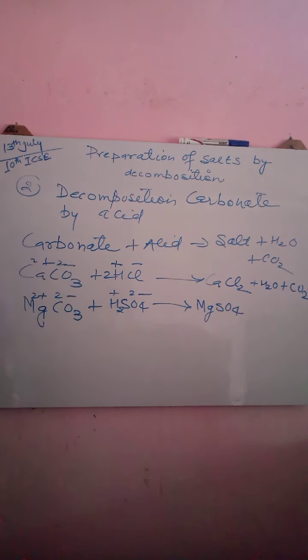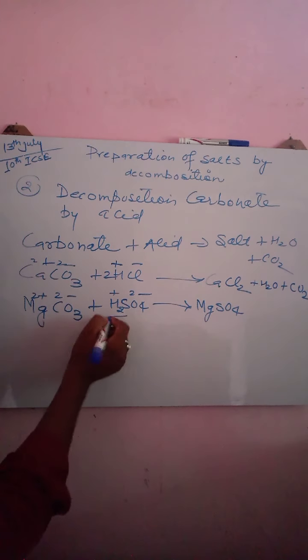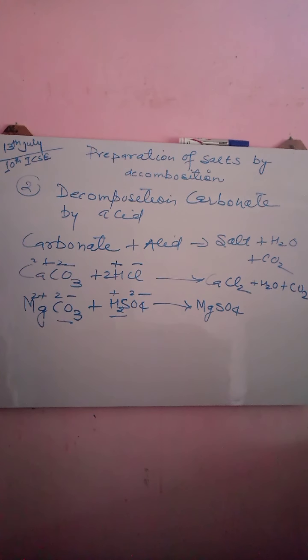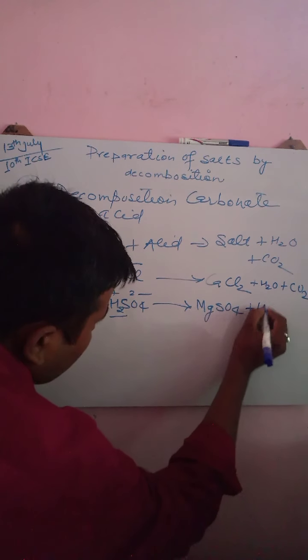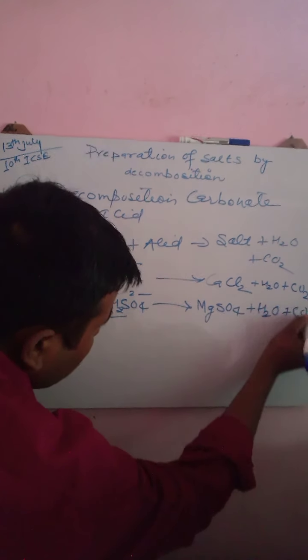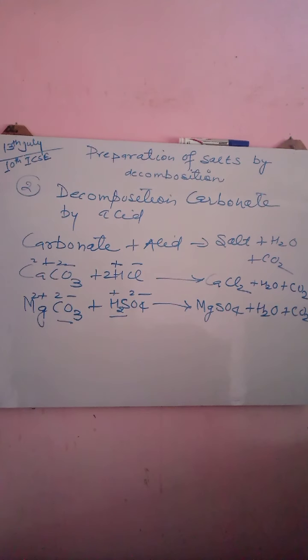And this H2 will combine with CO3 2 minus to form H2CO3. Again H2CO3 is very unstable. It will produce H2O plus CO2. This is the decomposition reaction to produce salt.